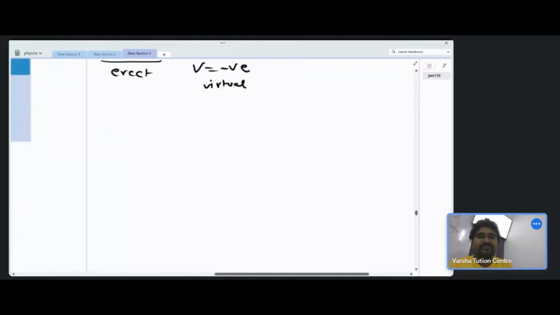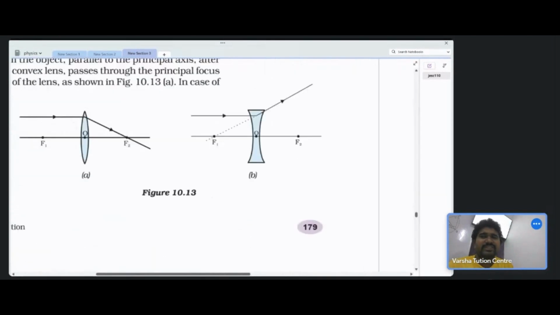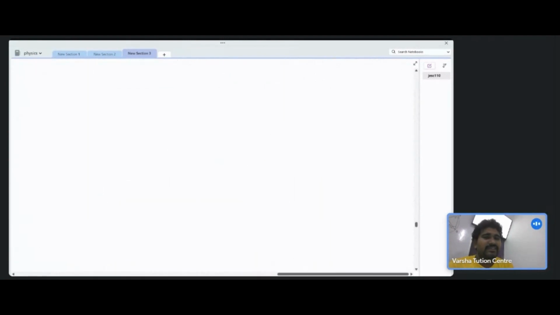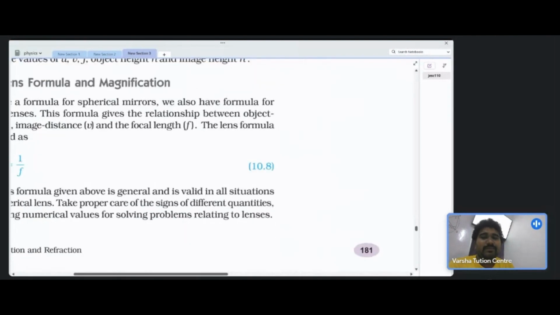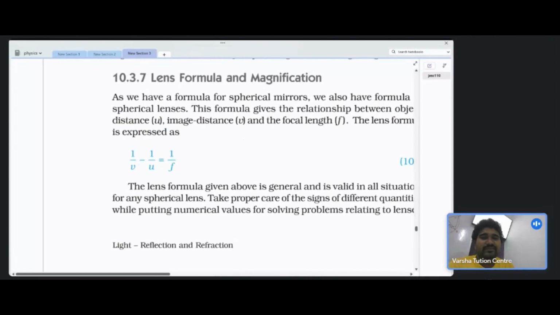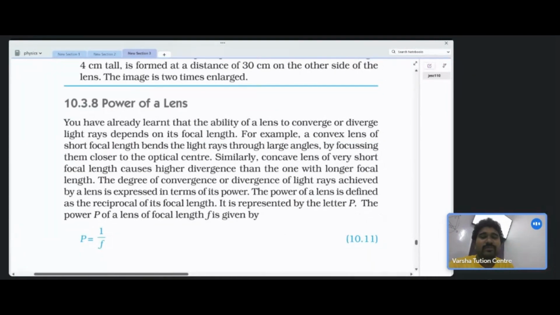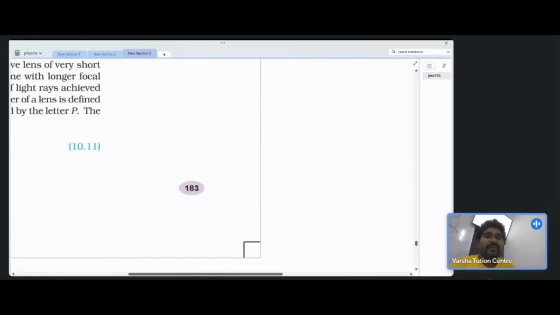Let's see now the last point. What is the last point? Power of the lens. Power of the lens has one formula. What is that formula?